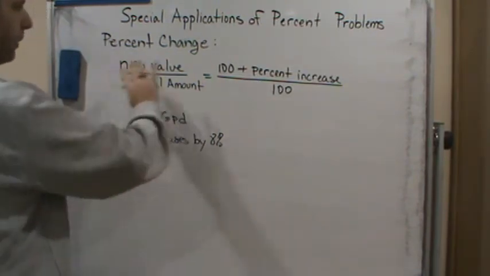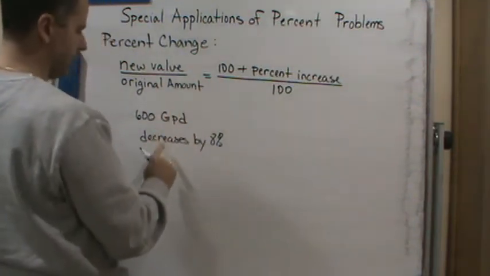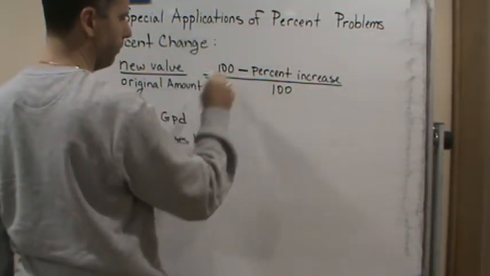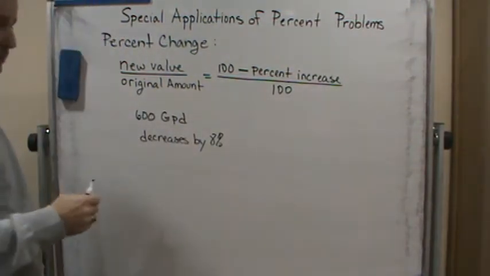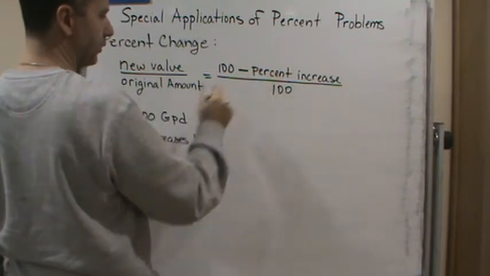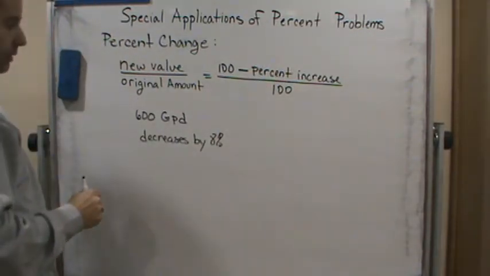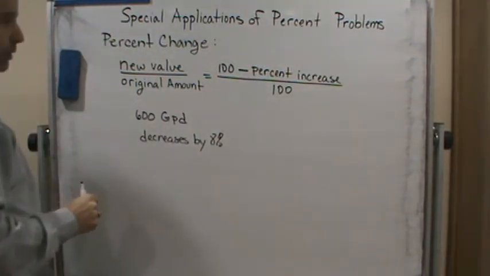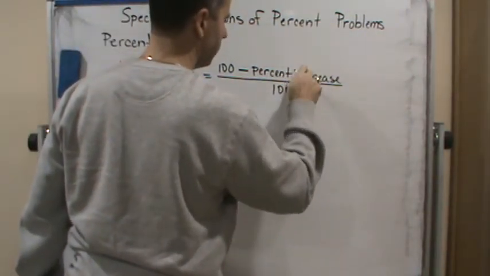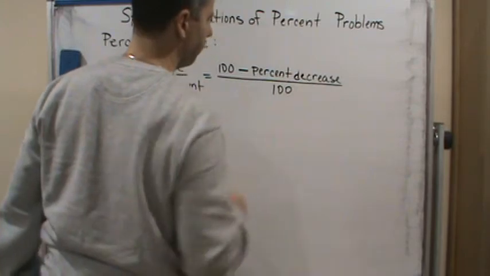What I'm going to do is use this one, but since it's a decrease, I'm going to use minus here. I'm going to take 100% and subtract off the percent decrease. So I'm going to change this to decrease.